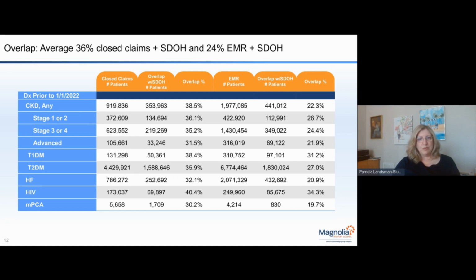So in closed claims, we ranged from about 30% in the metastatic prostate cancer to 40% of the HIV population. And then in the EMR, 19% in the prostate cancer to 34% in the HIV. So sort of that low and that high was pretty consistent across the two clinical databases.